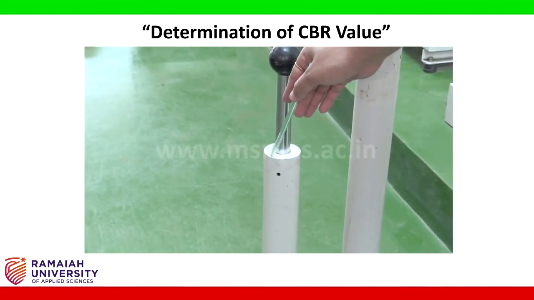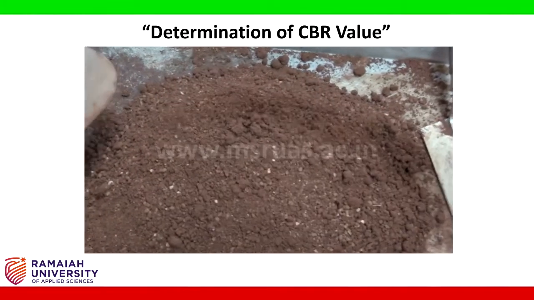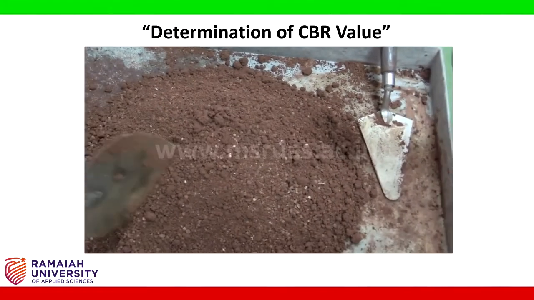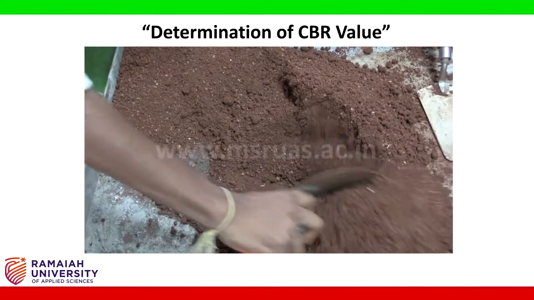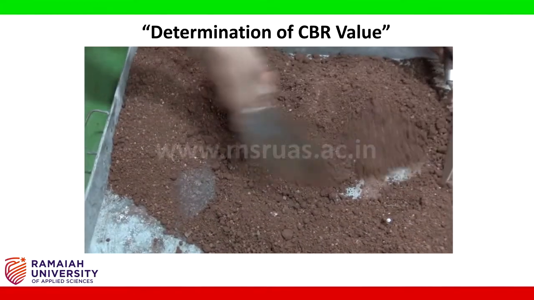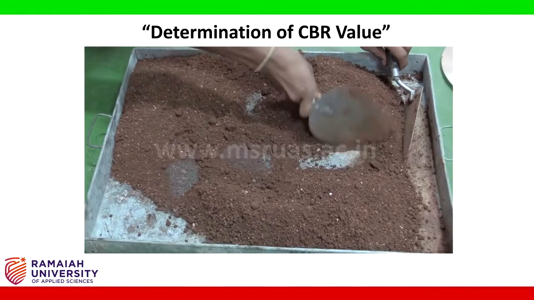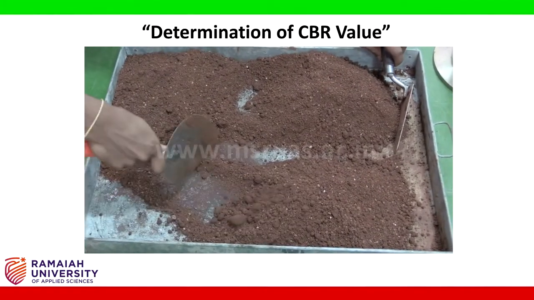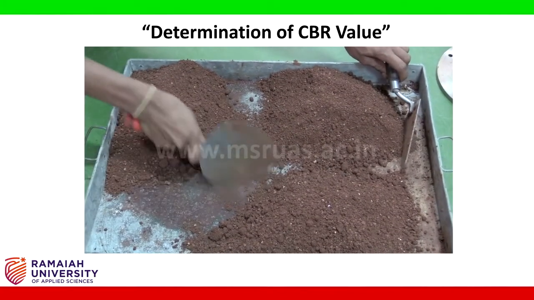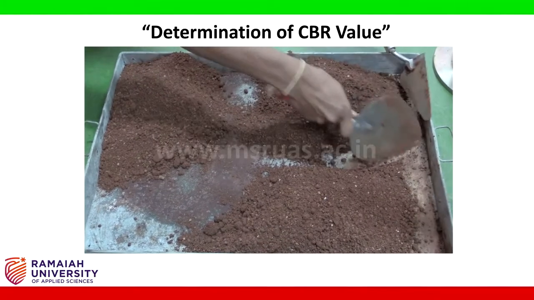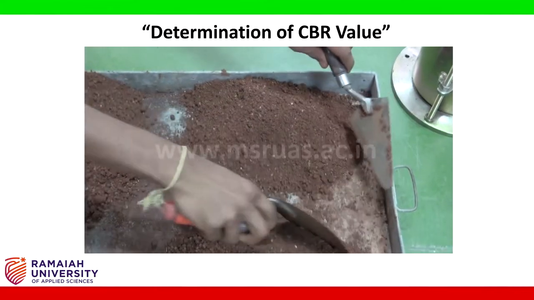Before I start with the compaction process, I need to separate the soil into 3 different sections like the way it is shown. This is to ensure the even distribution of soil that we have taken for the test. Once the soil is separated, each section needs to be transferred into the mold and the compaction can begin.